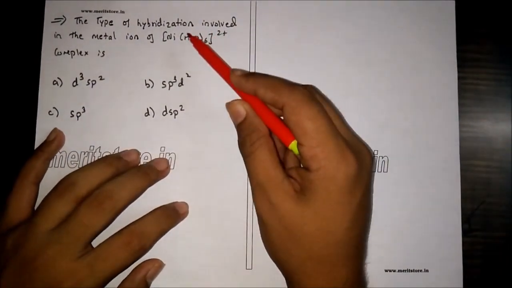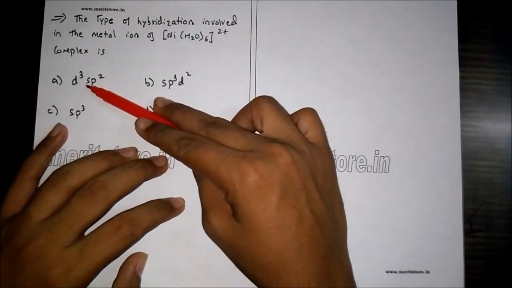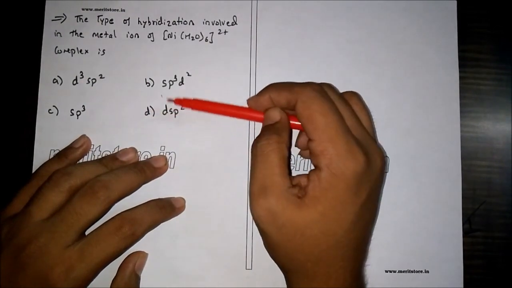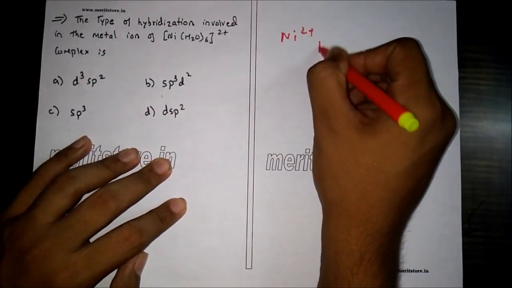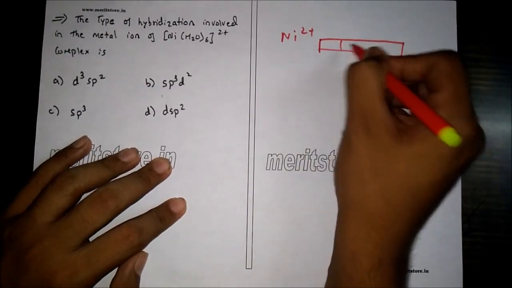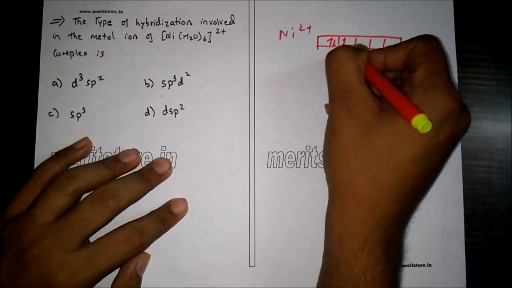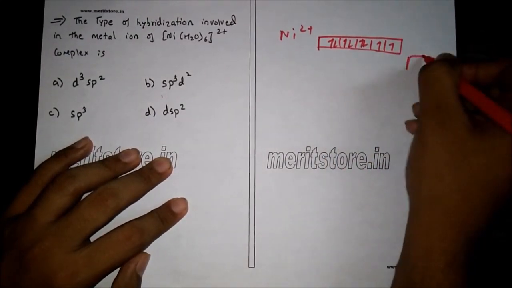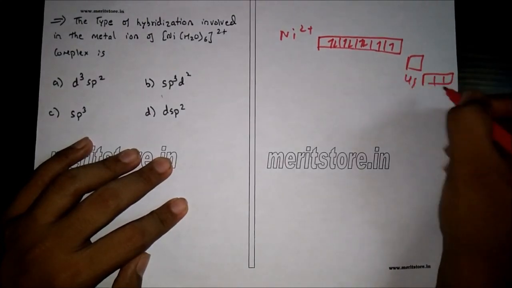The type of hybridization involved in the metal ion of the [Ni(H2O)6] 2 plus complex is A, d3sp2, B, sp3d2, C, sp3, and D, dsp2. Now, Ni2 plus has a configuration where 3 of the d orbitals have paired electrons. However, for the 4s and the p orbitals there are no electrons here.